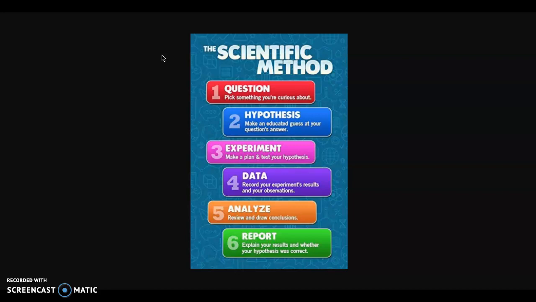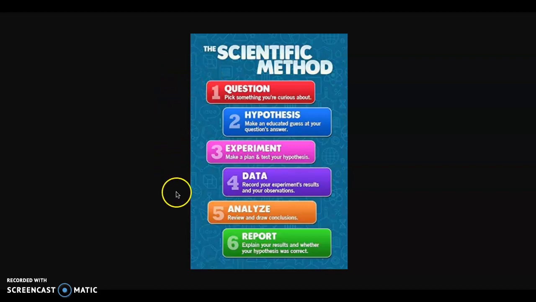We'll also use this as a jumping off point to talk about why scientists would want to write about their experiments, what the benefit is to them of that, and then once they've written about and recorded their experiments, why they would share out what they have been working on, share out their results. And so we'll have some conversations in class about why scientists write about experiments and what the benefits are to them and to the scientific community of being able to share what they've been working on.